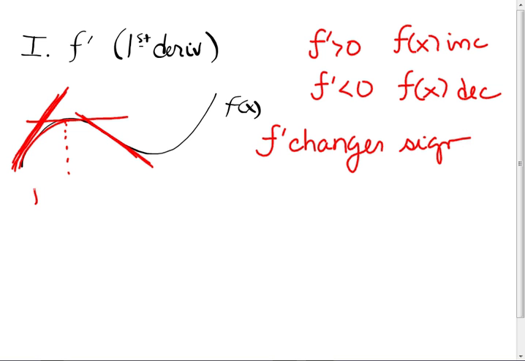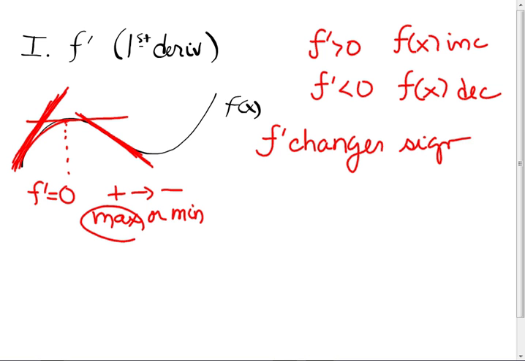F prime here is going to be 0, but if this changes sign, it's going to go from positive to negative, then we have a max or min. In particular, if it goes from positive to negative, is it a max or is it a min? It's a relative max in this case.